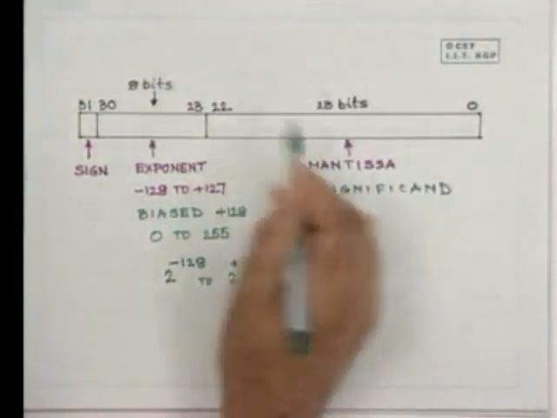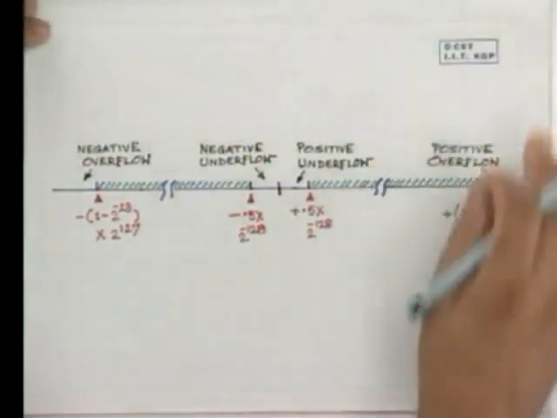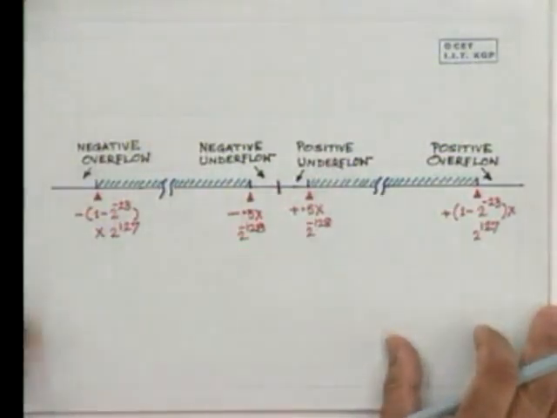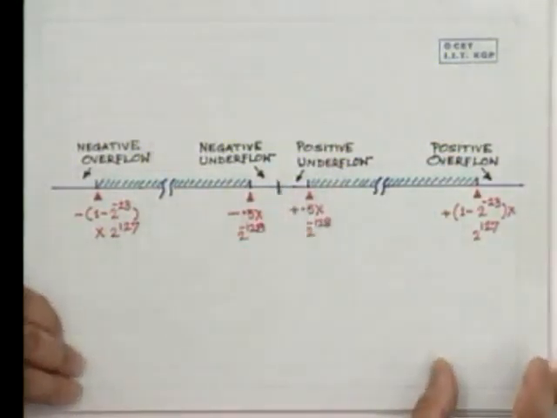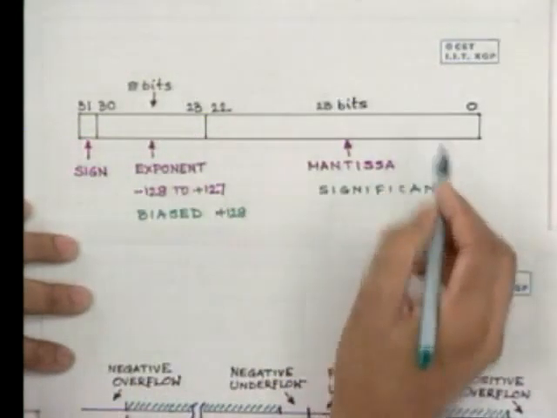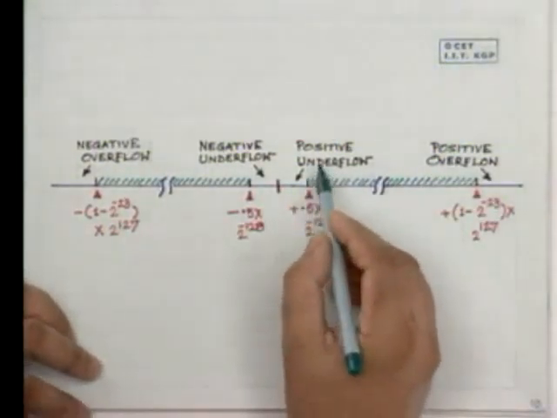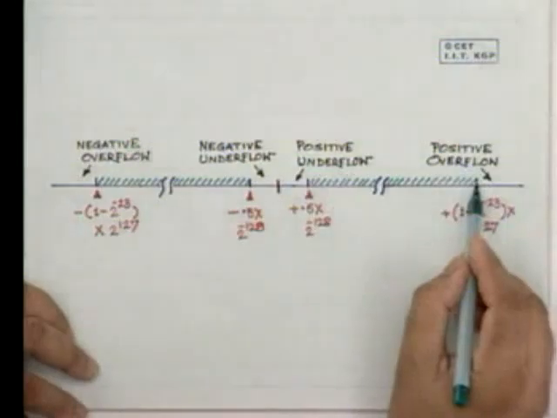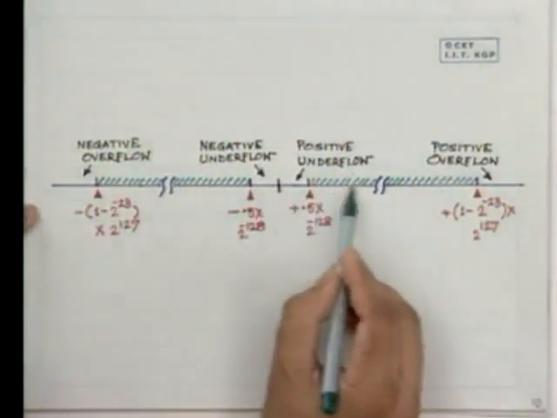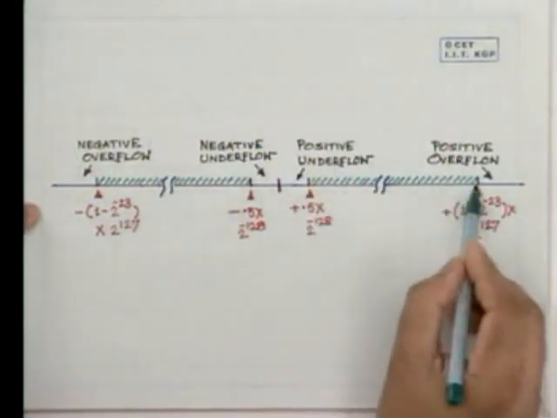Now, with this, let us see the range of numbers that we can represent. Okay. Say there is a 0. We say it is 0 when all exponent bits are 0 and all mantissa bits are 0. Then from this point to this point, I mean this is the real line, is the positive numbers that we can represent.